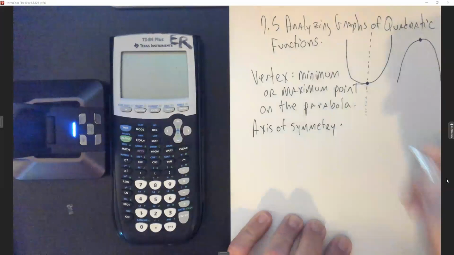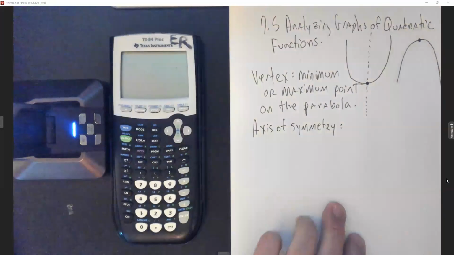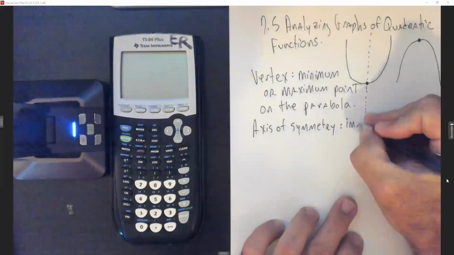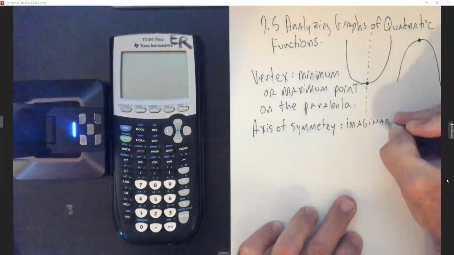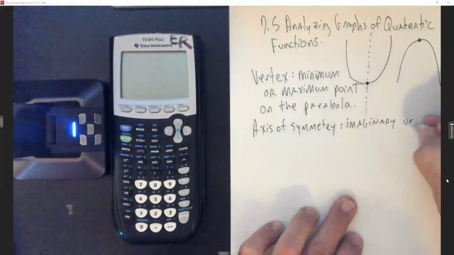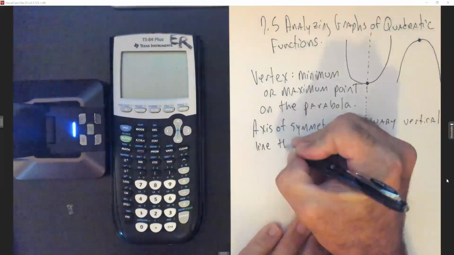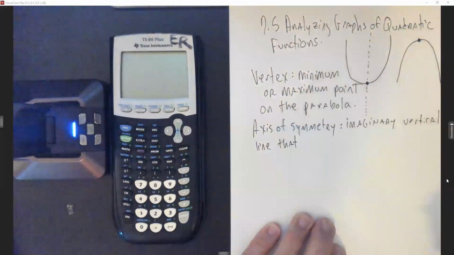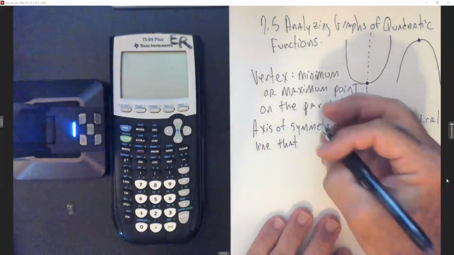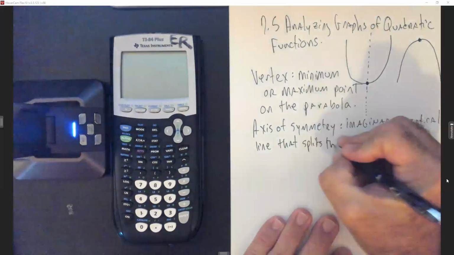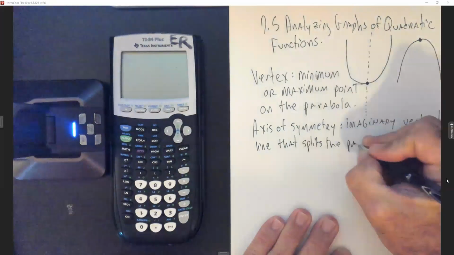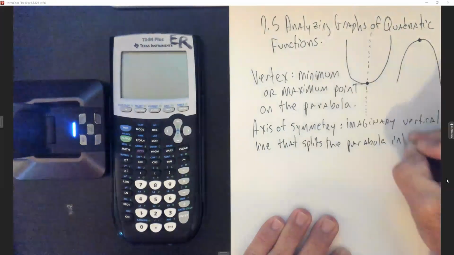And remember, the axis of symmetry is like an imaginary line. So it's an imaginary vertical line that splits the parabola into equal halves.